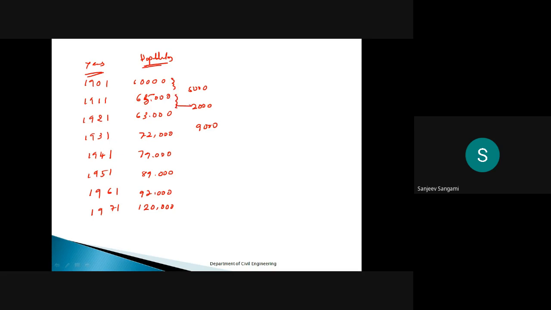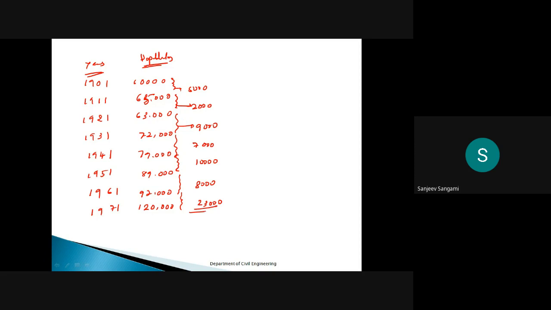Then the next differences are 7,000, 10,000, 8,000, and 23.